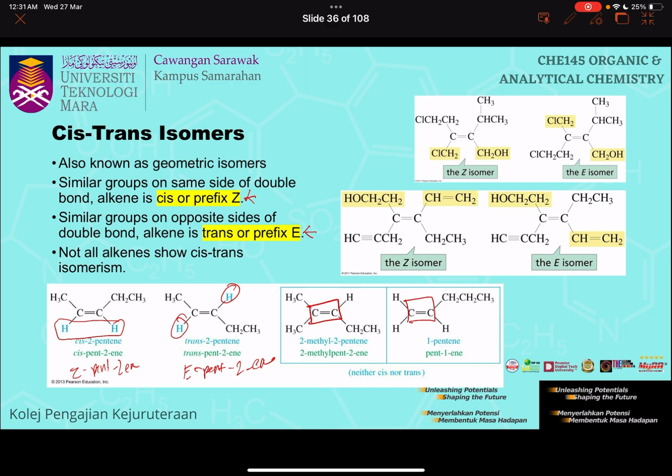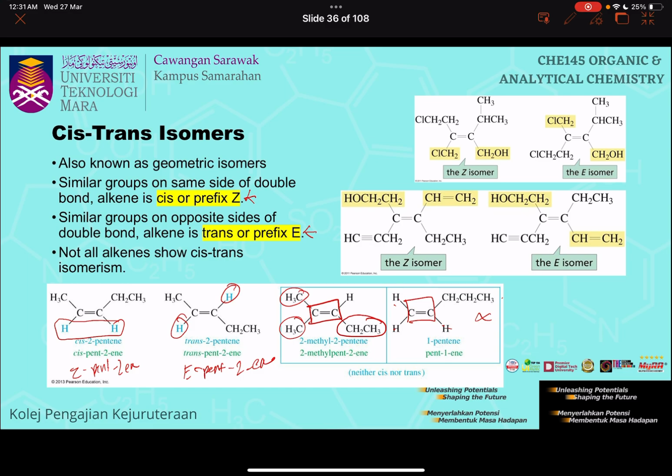Like in this one, this is not cis or trans because you have the hydrogen, and it doesn't show any alternating or same side arrangement. So this one is definitely not cis or trans. And then this one, you have carbon here, carbon here, double bond, so this is also not cis or trans.